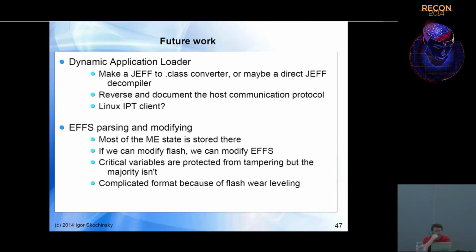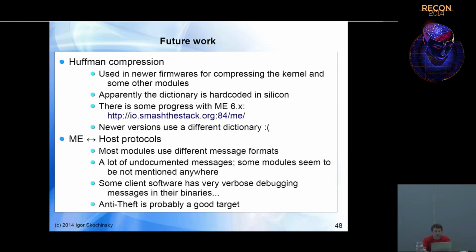It's a bit complicated because it has to support flash wear leveling, so it's not a simple file system, but it's a point. Yes, the Huffman compression I mentioned. As I said, apparently the dictionary is hard-coded in silicon. You cannot access it.